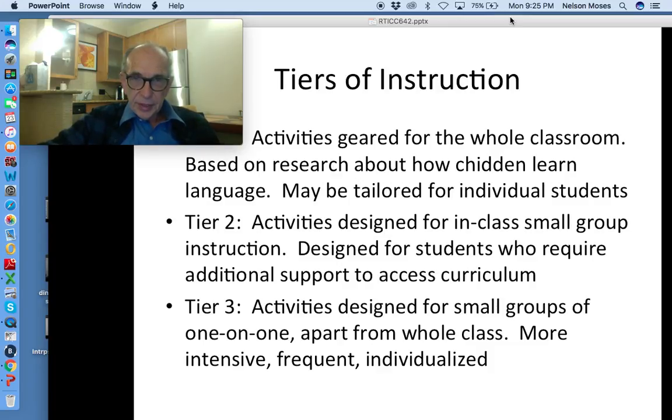In any event, at Tier 2, you're working in class in small groups with children, and we, as speech pathologists, we should not become teacher assistants. We're not doing that.